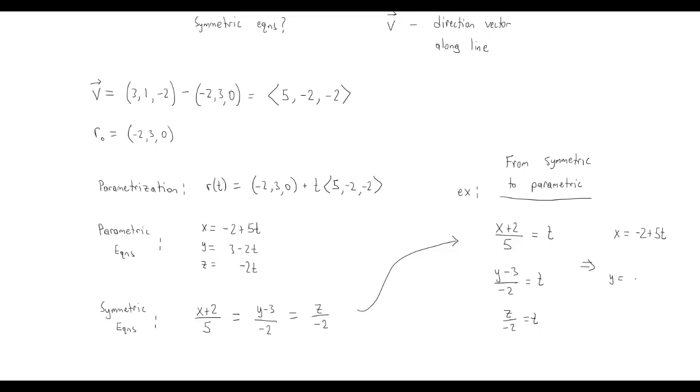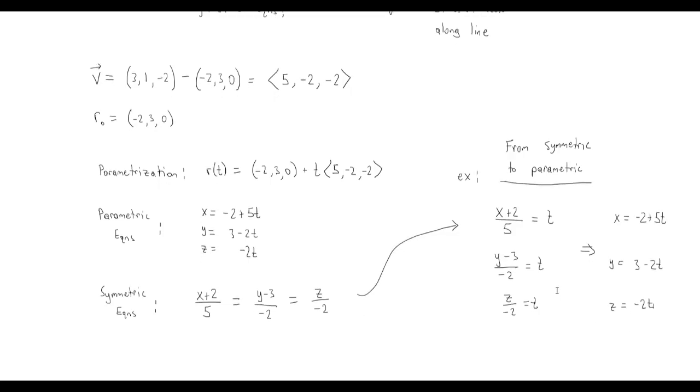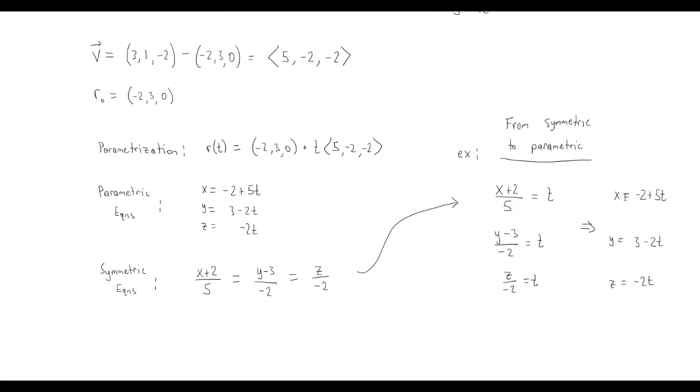Okay? All right. So from parametric to symmetric, you solve for t, and then equate those equations to each other. To go from symmetric to parametric, you take each part of the symmetric equation and set it equal to t, and then solve for x, y, and z. Okay?